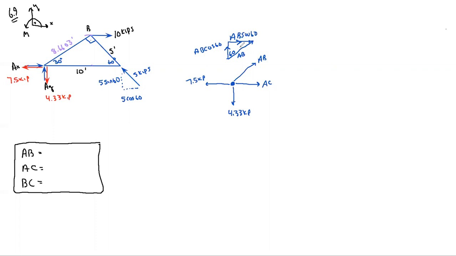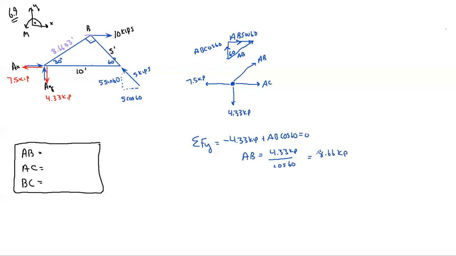of AB. If we take a look at the summation of the forces in the Y direction, we get negative 4.33 kip plus AB cosine 60 equal to 0. Solving for AB, AB is equal to 4.33 kip divided by cosine 60, which I think gives us 8.66 kips.